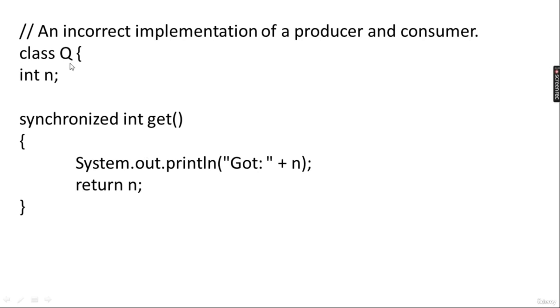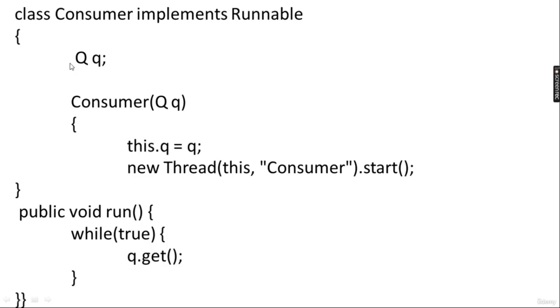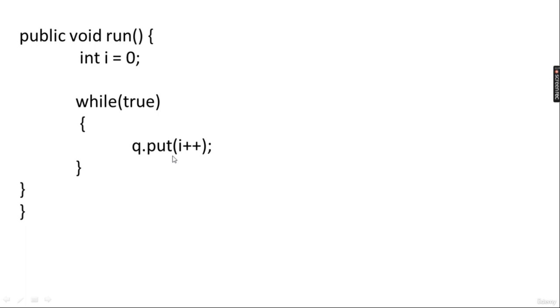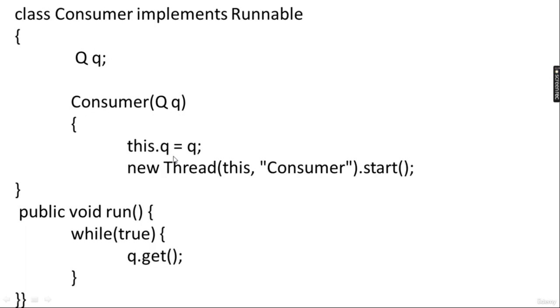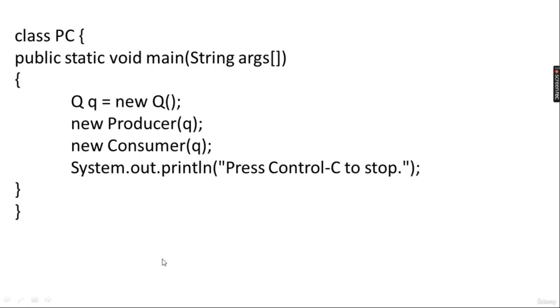So this is our queue. Now Consumer also implements Runnable. It also receives the queue object as a parameter. This.queue is initialized to this object, and a new thread is also created here for the consumer object. The run method does while true queue.get. So simultaneously this loop will execute and that loop will also execute.